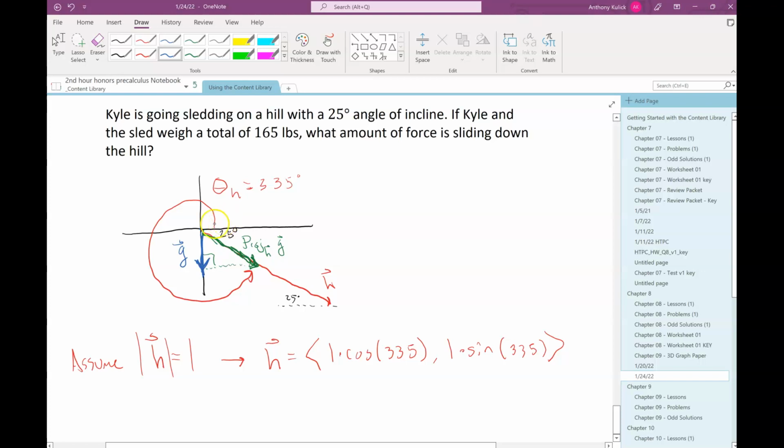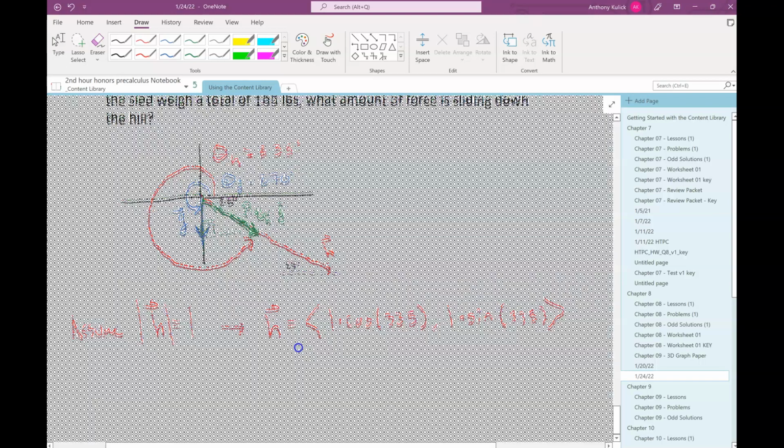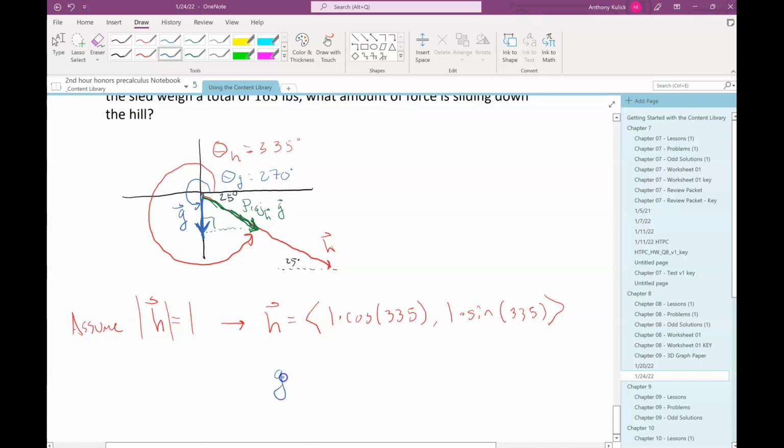Next up, I'm going to find the vector for g. So the direction for g straight down is 270 degrees. And we know the magnitude of g is 165.